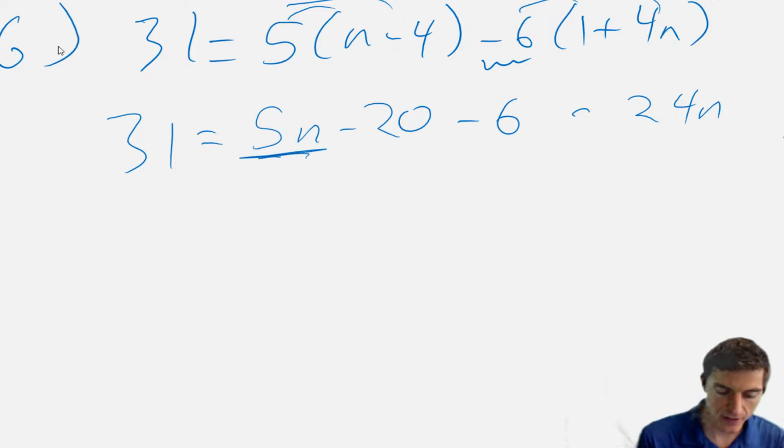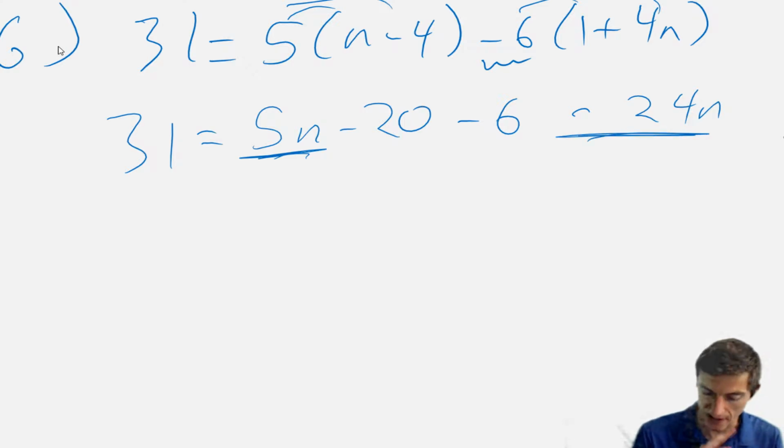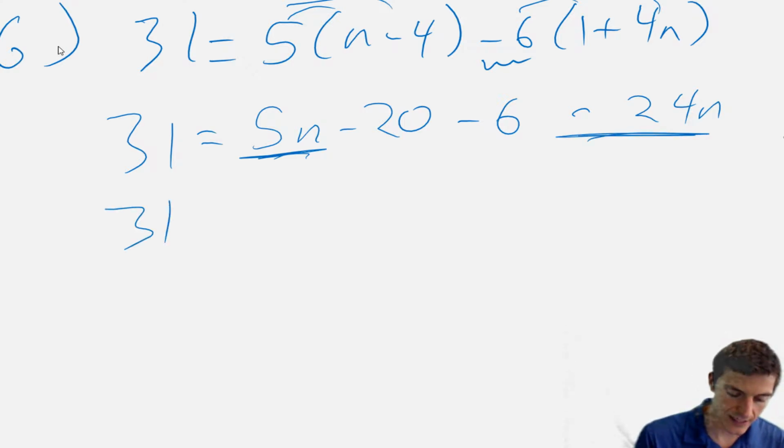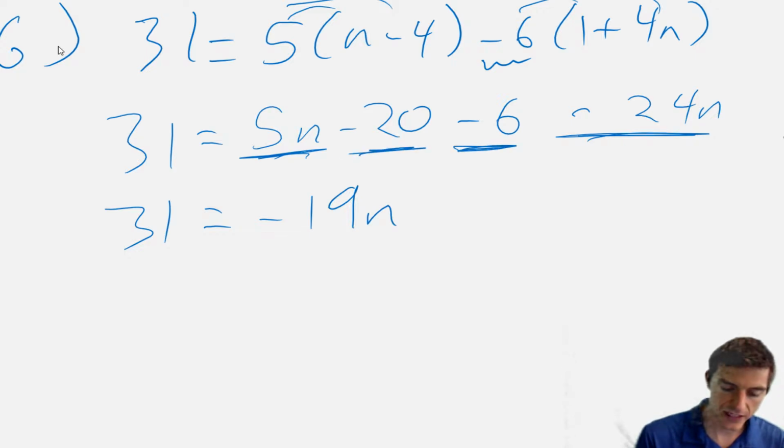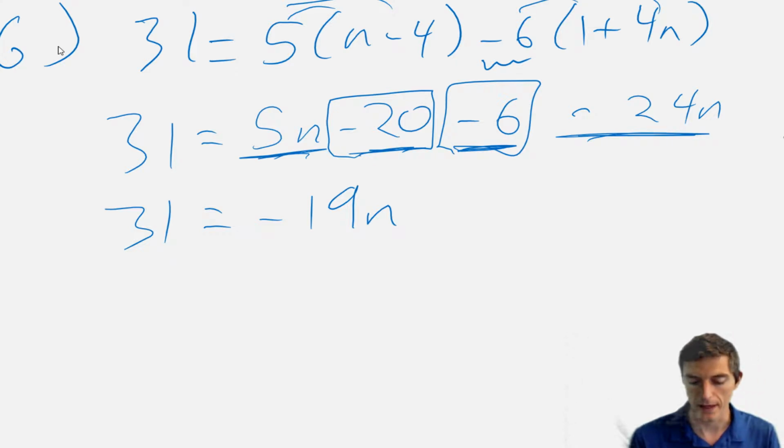Now I want to combine like terms. I got 5 n's over here and negative 24 n's over there. If I put those together, that's negative 19n. And I got negative 20 and negative 6, so make sure you're keeping track of those signs in front. Some people would just put 20 minus 6 and get 14 right there. It's negative 20 and negative 6. That's negative 26.